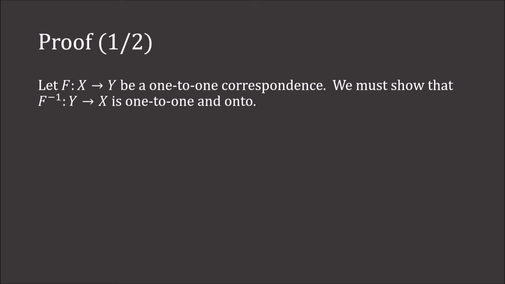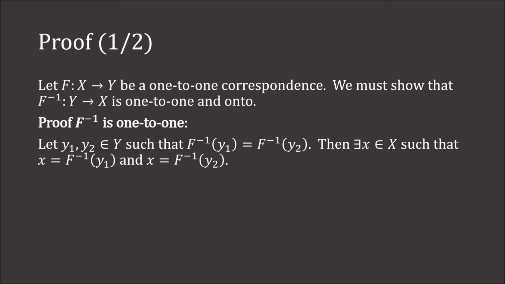What we have to do is show that f inverse is one-to-one and onto. First, the proof that f inverse is one-to-one. Let y1 and y2 be elements of Y such that f inverse of y1 is equal to f inverse of y2. Then there must exist an x in X such that x is f inverse of y1 and x is f inverse of y2.